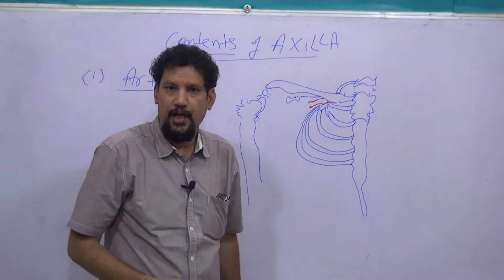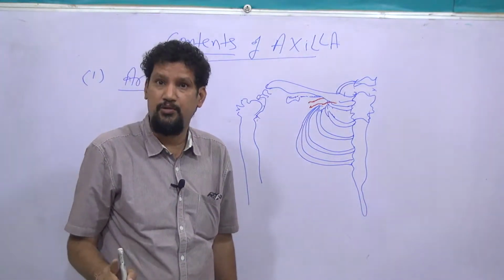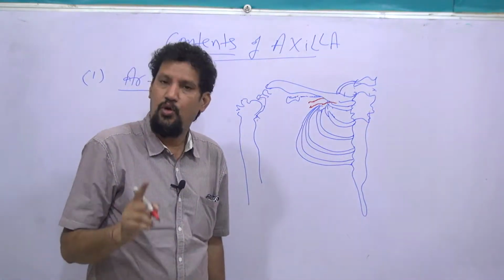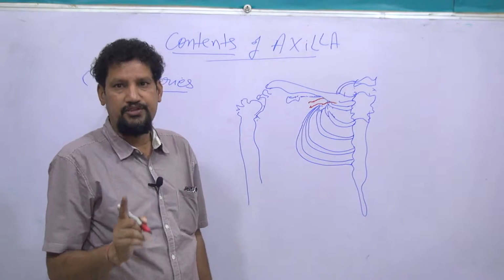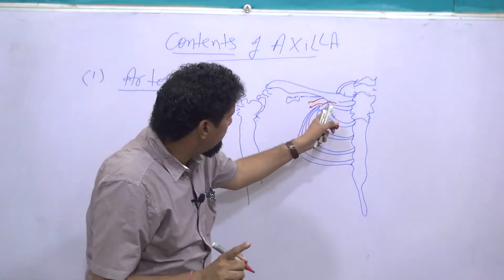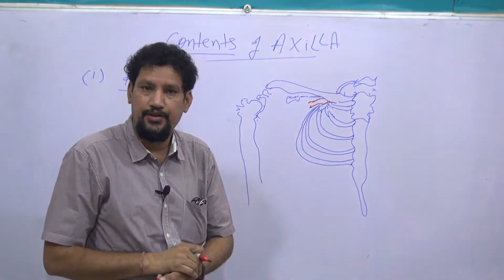This is the axillary artery entering inside the axilla. But remember always, artery is continuation, not a branch. It is continuation of subclavian artery outside the outer border of the first rib.